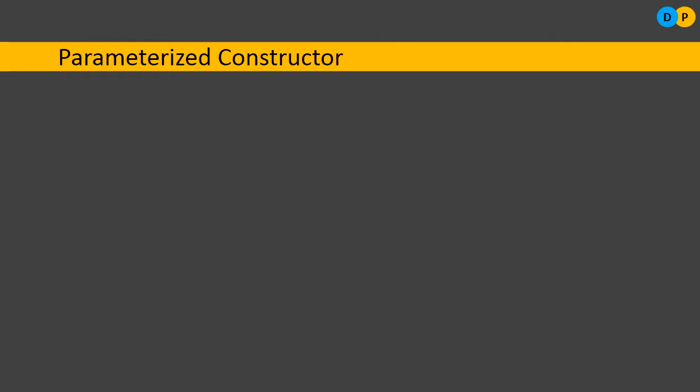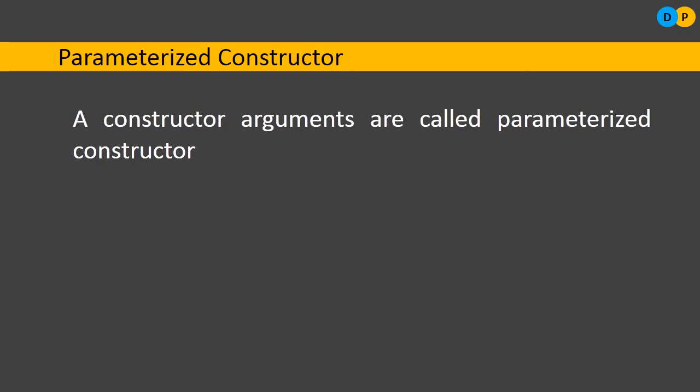But situation demands that at the time of initialization, we have to pass certain values, we have to pass certain arguments. So those constructors which work with arguments, they are referred as parameterized constructors. So a constructor which works with arguments are called as parameterized constructor.